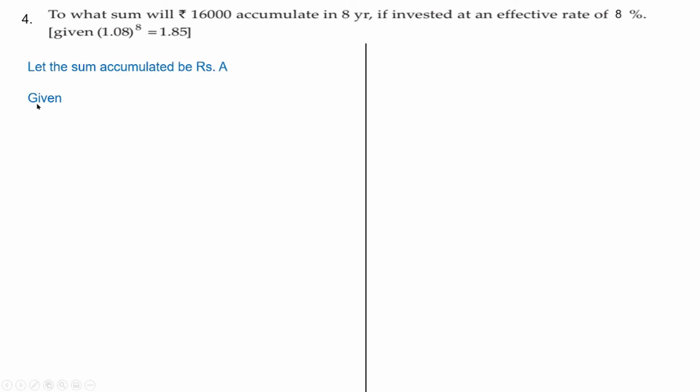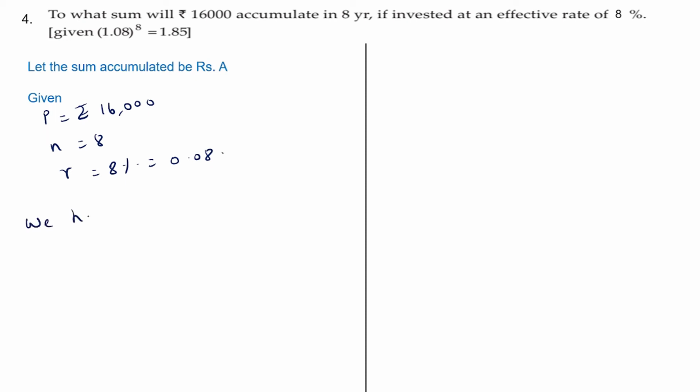So let the sum accumulated be A. So we are given P is equal to rupees 16,000, N is equal to 8 and R is equal to 8%, which is 0.08.